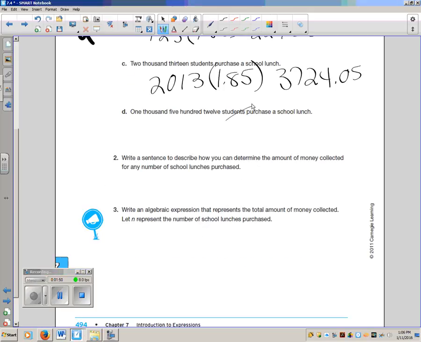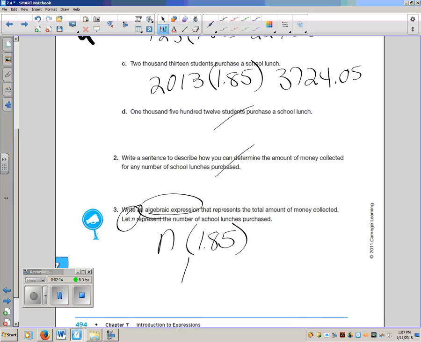All right, let's skip D. Forget the sentence. We're going to go right to the algebraic expression. The number that stayed the same for A, B, and C is the cost of the lunch, $1.85. They want us to use N to represent the number of lunches purchased. So that goes right there.